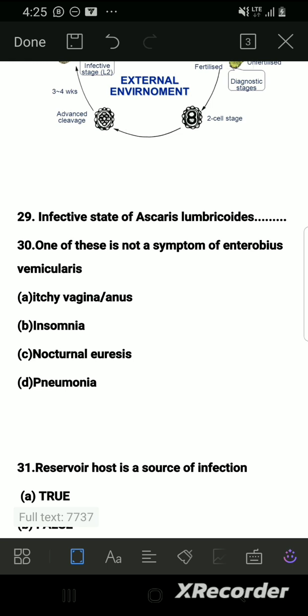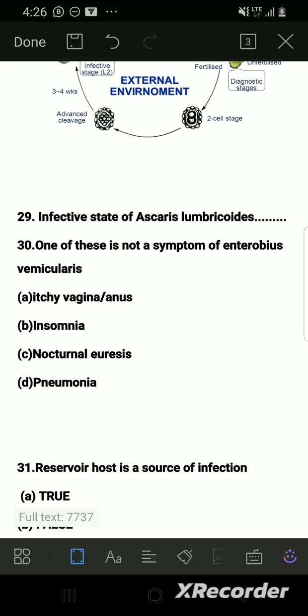But now, what about Enterobius vermicularis? Enterobius vermicularis is symptomless in most cases, but when it happens to be a severe case, we notice some symptoms, which include pneumonia. Pneumonia is caused by its migration. The parasite starts migrating to the lungs and bronchioles, and it causes blockage and leads to pneumonia.